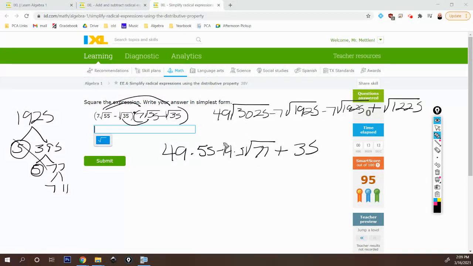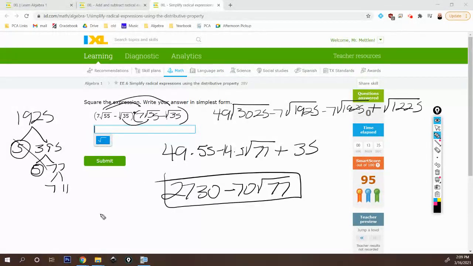So this thing right here has got a square root with it. So I'm going to ignore that for a second. We're going to do 49 times 55 plus this 35. So that's all my regular numbers. That's going to make 2,730 minus. I'm going to do 14 times 5, and that gives me 70, square root of 77. And so all those horrible numbers and ugly stuff, that comes out to be my answer.